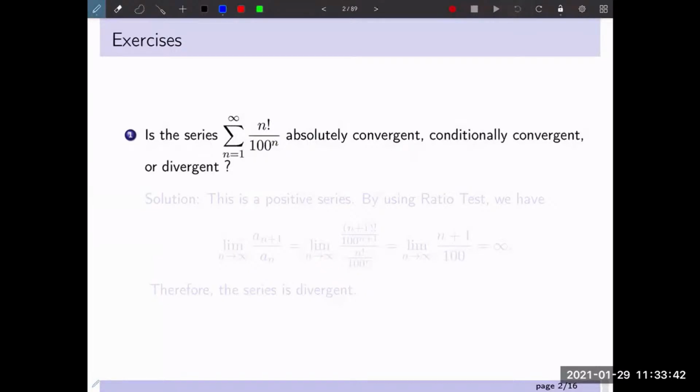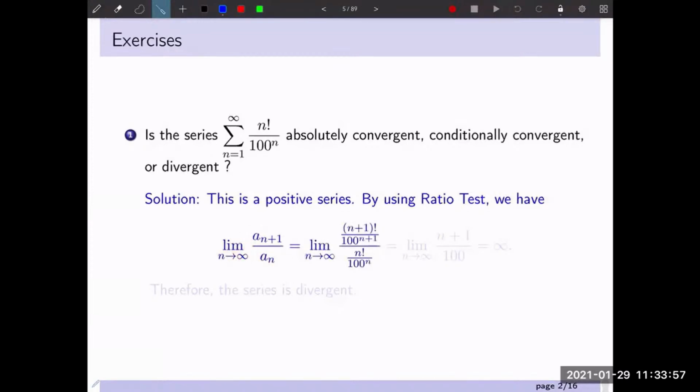So for positive theories, the simplest method is the ratio test. By ratio test, we mean that we need to consider the ratio between the next term and the current term, and then take the limit. For this question, if you consider next term over current term, you would get an n plus 1 in the upper side because you have a factorial of n plus 1, which divided by n factorial is n plus 1.